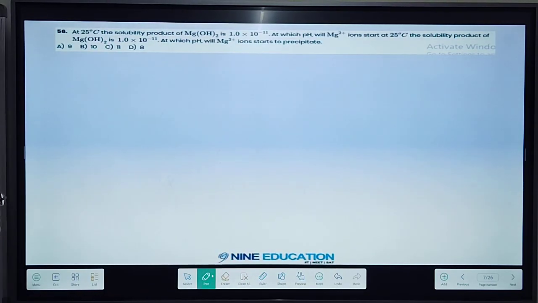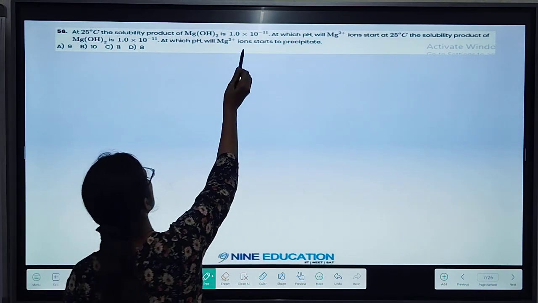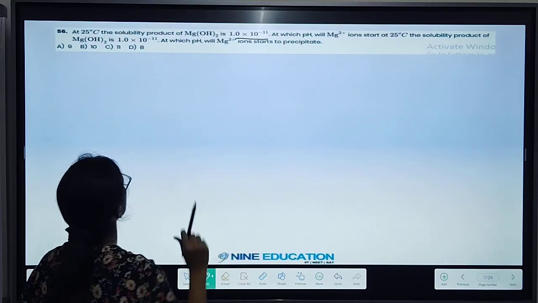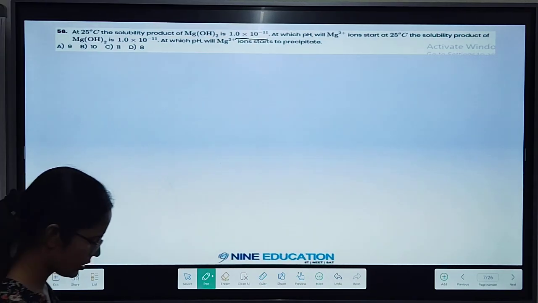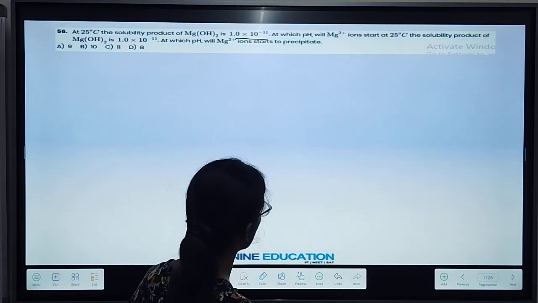Coming to number 56, at 25 degrees Celsius the solubility product of Mg(OH)2 is given as 1 into 10 raised to power minus 11. This is the solubility product of Mg(OH)2. There is a little correction in the statement of the question.